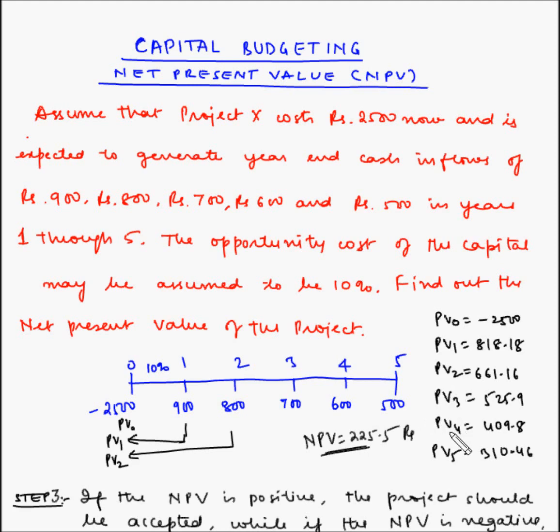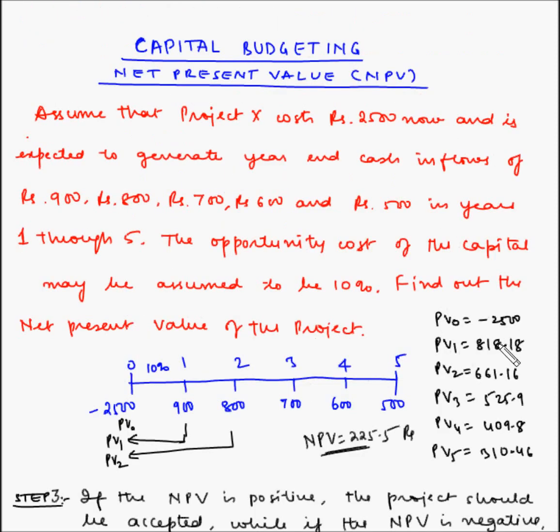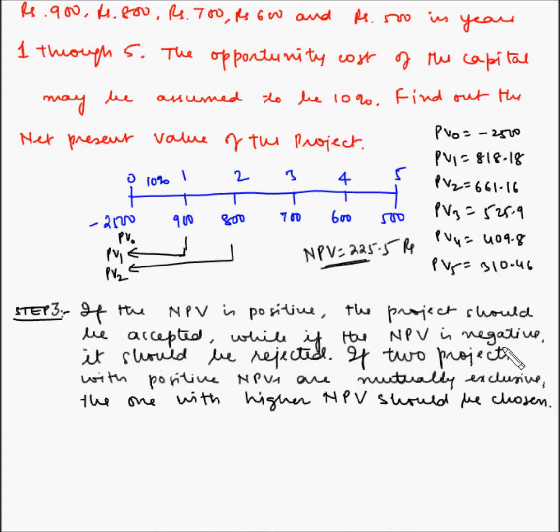So if it is profitable, then the project should be accepted. Whereas if the NPV is negative, that means the outflow is more than the inflow. So that means the project is not profitable. So if the NPV is negative, it should be rejected.